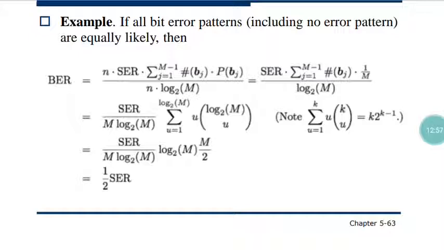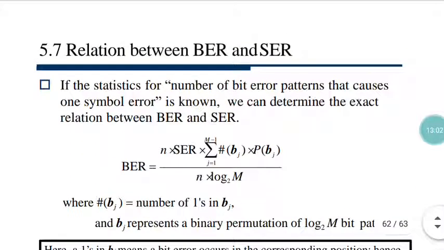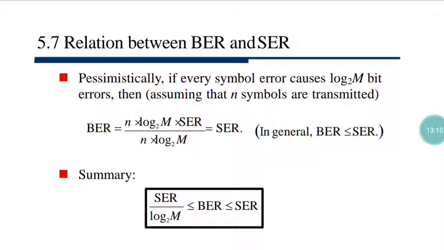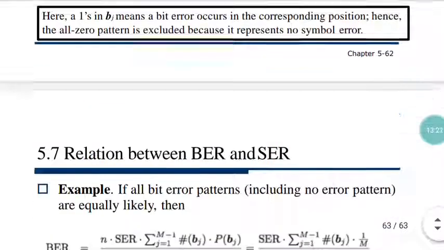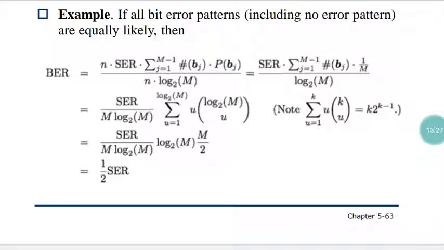Otherwise, it is equal to SER when every symbol error causes log2 M bit errors, or SER by log2 M. So BER basically falls in the range of SER to SER by log2 M, but is half SER specifically in the equally likely case.